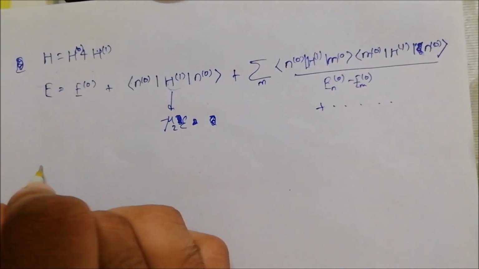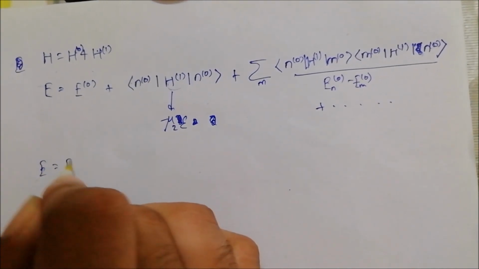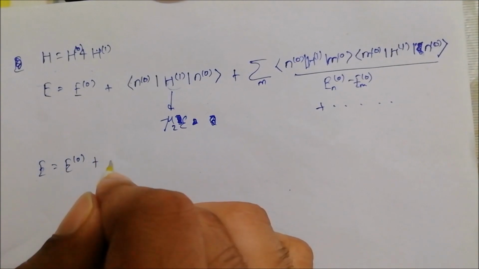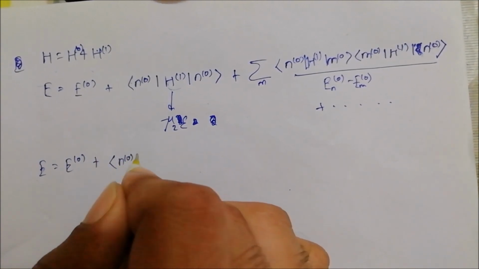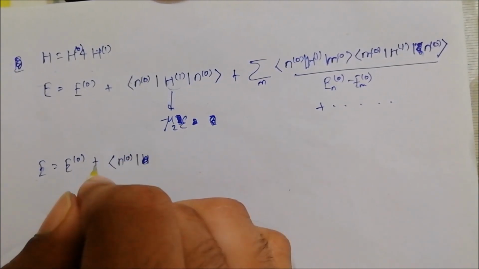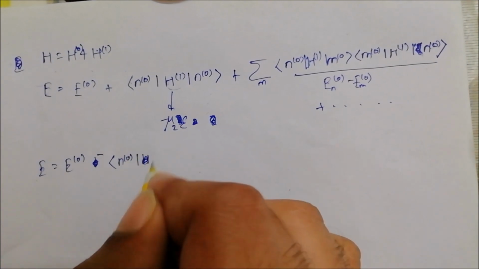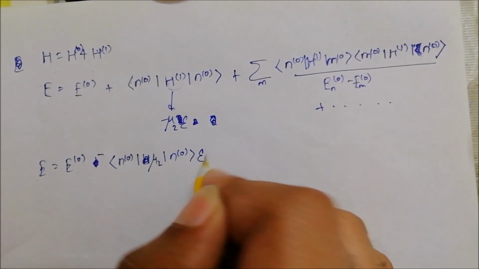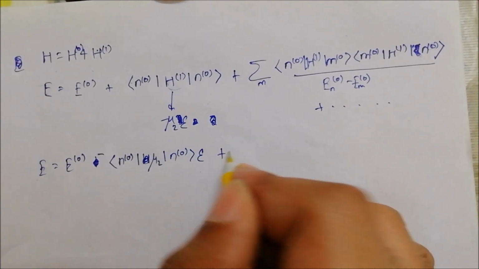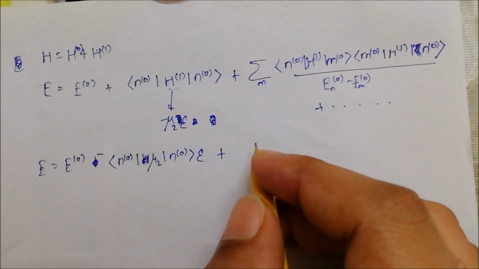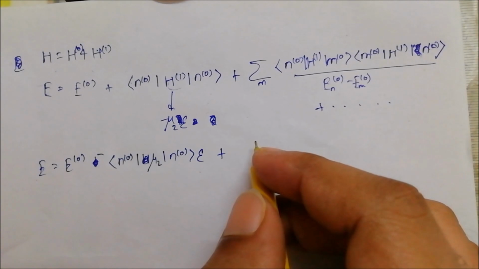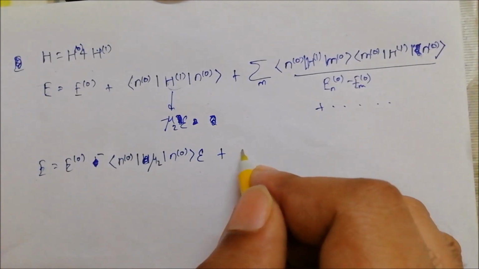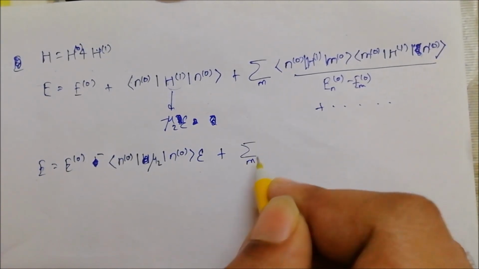So the energy will be E0 plus, sorry, minus <N0|mu z|N0> E plus the summation over m.